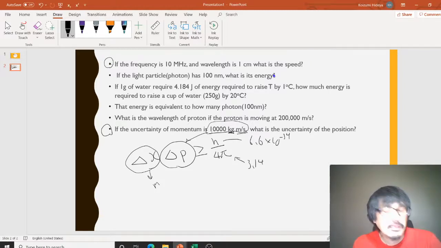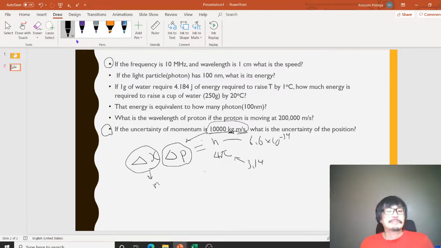Now the key to solving the uncertainty problem is to replace this inequality with the equal sign. Always. The reason is that what you're looking for is the minimum uncertainty, right? Because this inequality is always satisfied by putting in absurdly big numbers close to infinity, right?